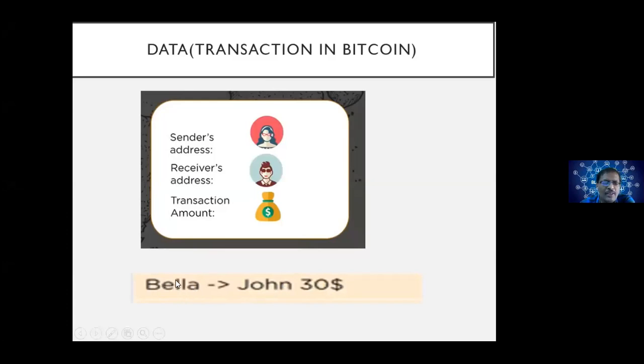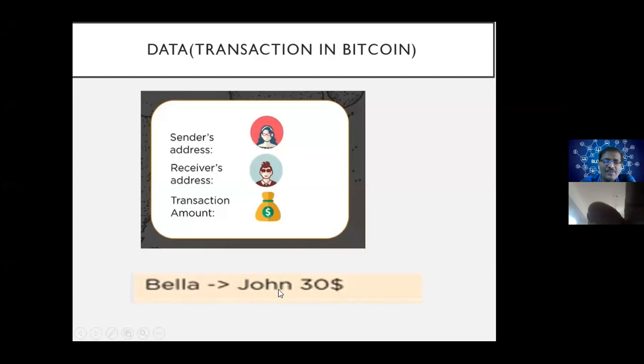Generally in blockchain, instead of names, we have addresses. We have just seen that from the private key we got the public key, and from the public key we got the address. That address is used here: Bella's address, John's address, and the transaction amount of $30. This we call a transaction, and it is stored in a blockchain.